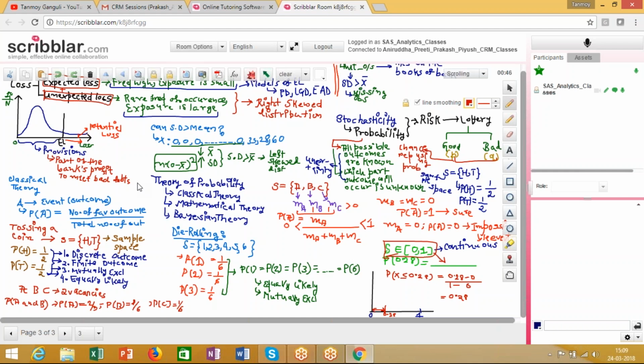Therefore, the outcomes here are not mutually exclusive, right? So if you use the classical theory to compute this, you would not be able to, because the outcomes are not mutually exclusive, but rather a new type of event has come up through this kind of problem.